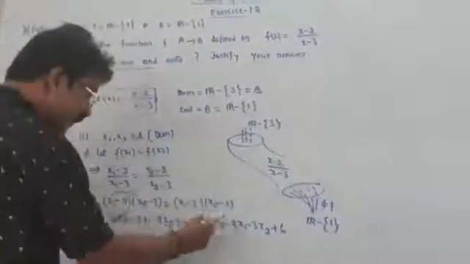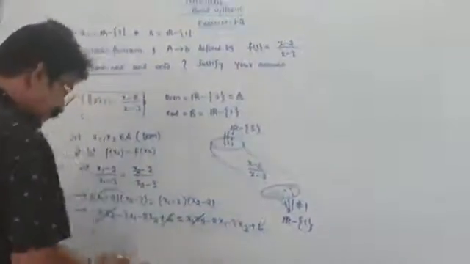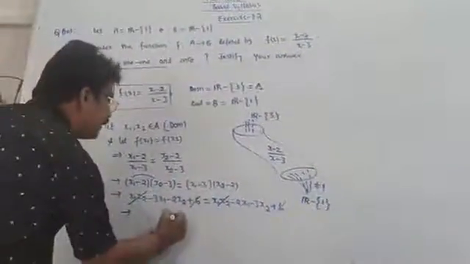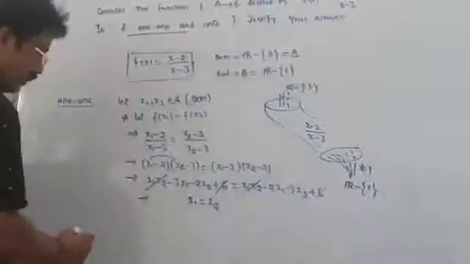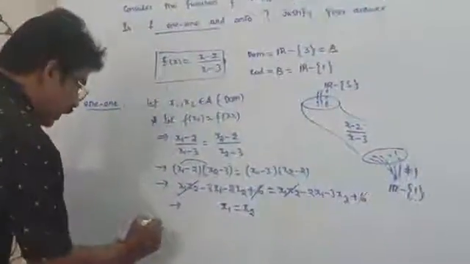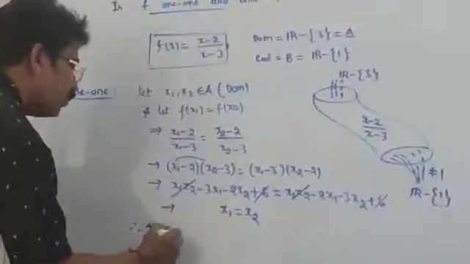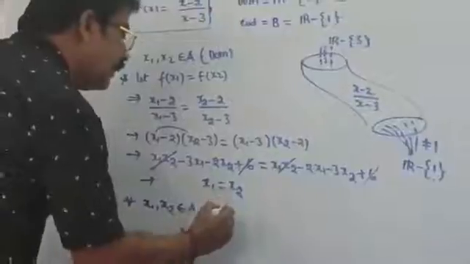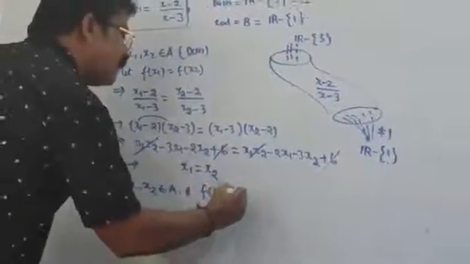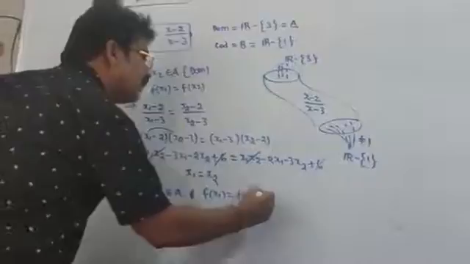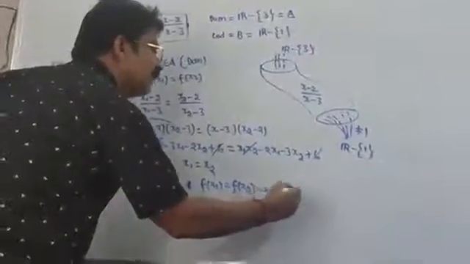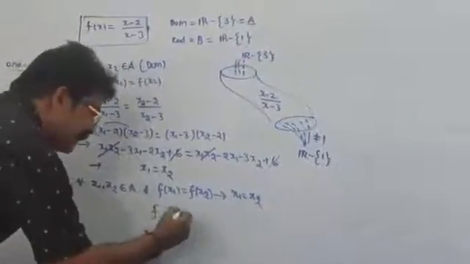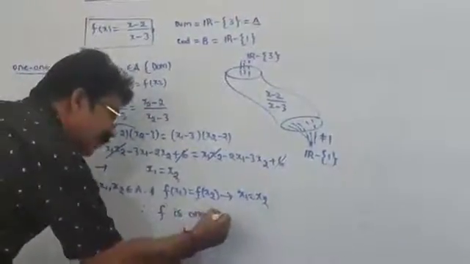So x1 x2 cancelled, 6 cancelled. On balancing this equation, we get x1 is equal to x2. Therefore, for all x1 comma x2 that belong to the domain, f of x1 is equal to f of x2 implies x1 is equal to x2. Therefore f is a one-one function.